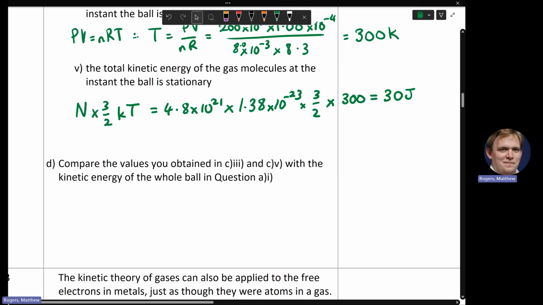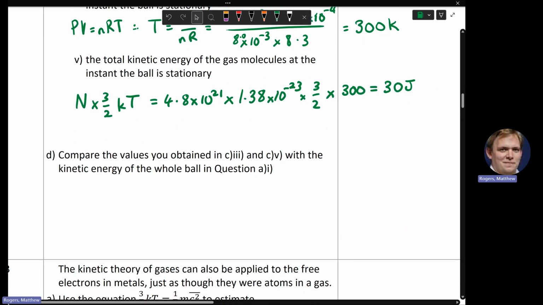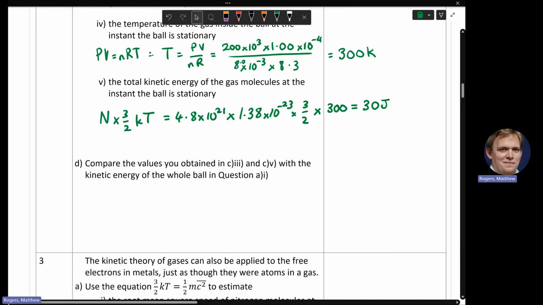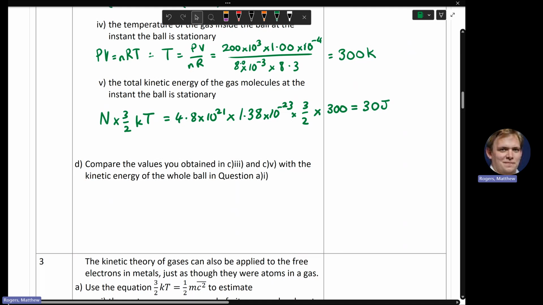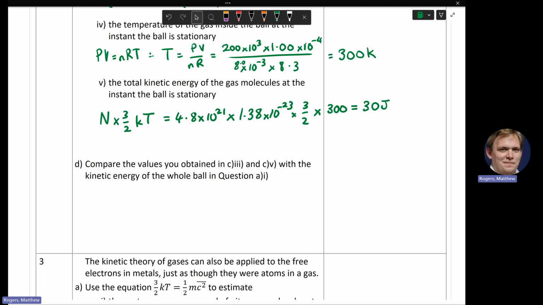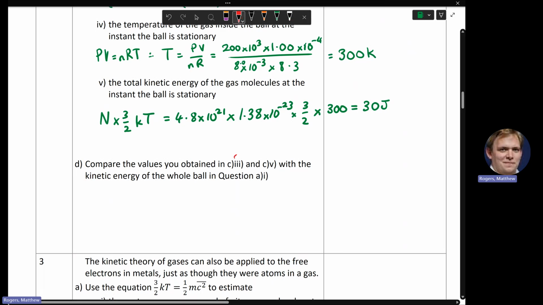And then the next part says, compare the values you obtained in C3 and C5 with the kinetic energy of the whole ball in question A. Let's write these down so that we can see them. The total kinetic energy of the particles before it was dropped was 29 joules.